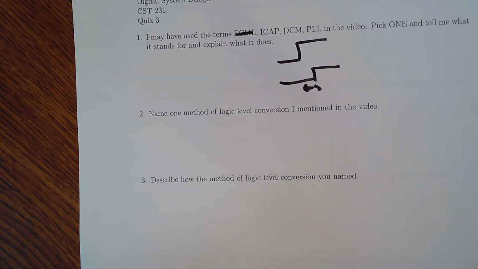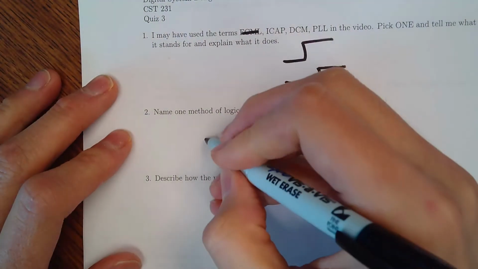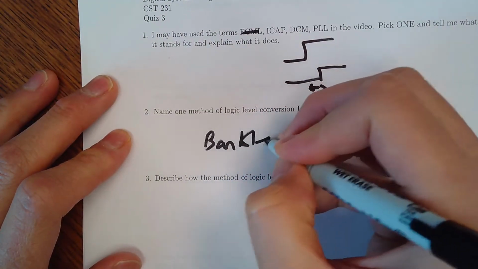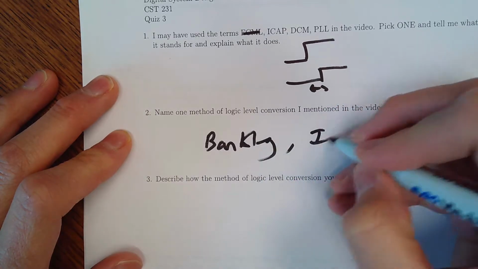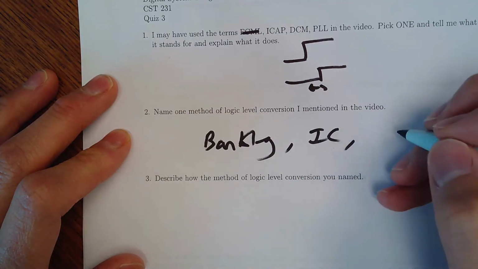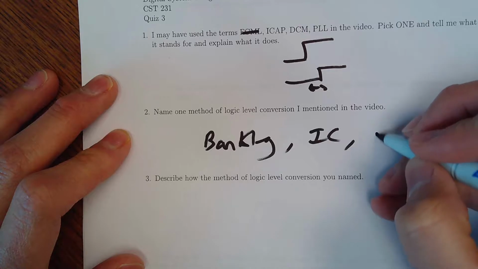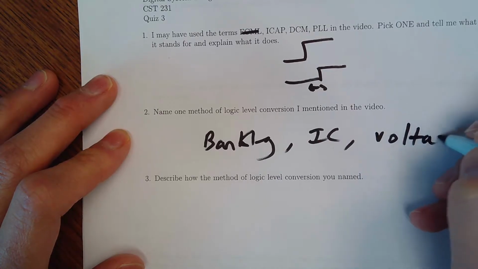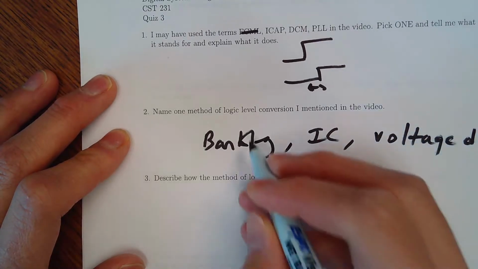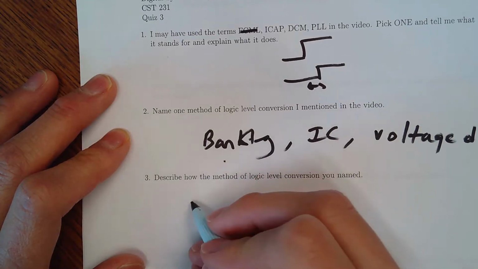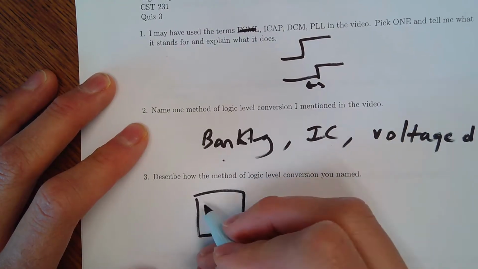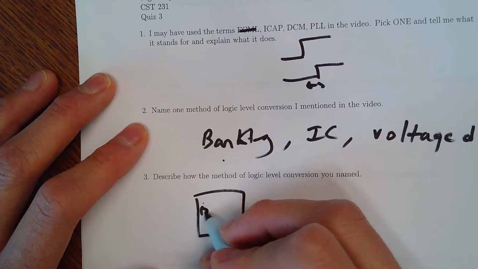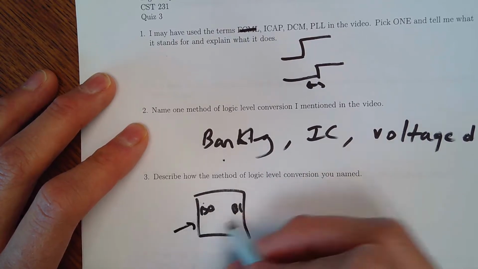Name one logic conversion method I mentioned in the video. You had banking, IC, and then you also had a voltage divider. For banking, the FPGA has different banks, B0 and B1.